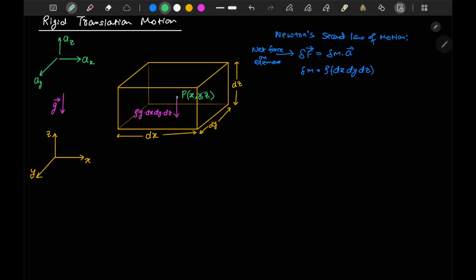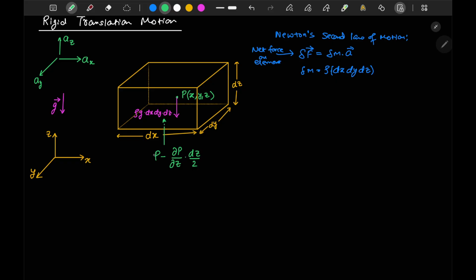If the pressure at the center point is p, a function of x, y, z, then the pressure at this bottom surface can be given as p minus del p by del z times dz divided by 2, since we are moving in the minus z direction and the distance between the center point and this surface is dz by 2 only.